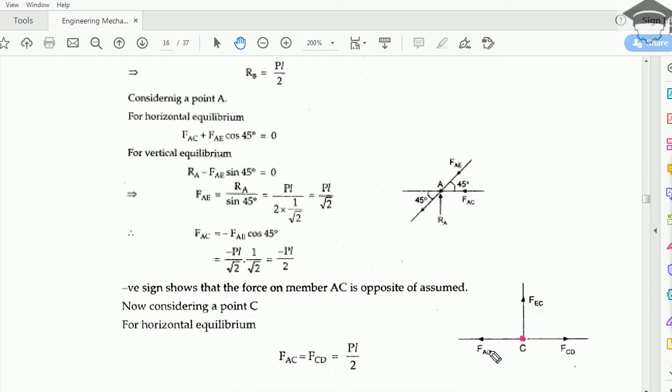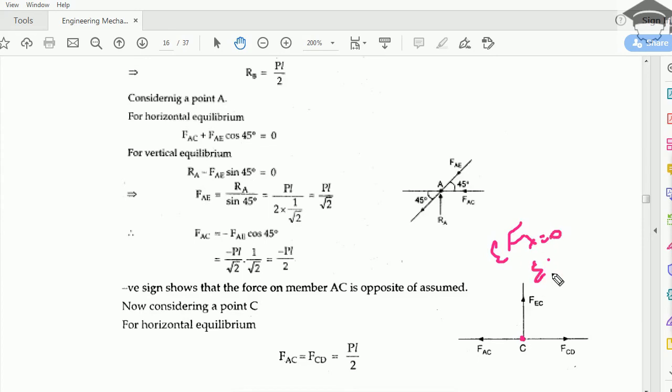Finally we have to find this force CD. AC we know, EC we do not know here, but we are considering the forces at this point. We can apply summation Fx equal to 0, summation Fy equal to 0, and moment.